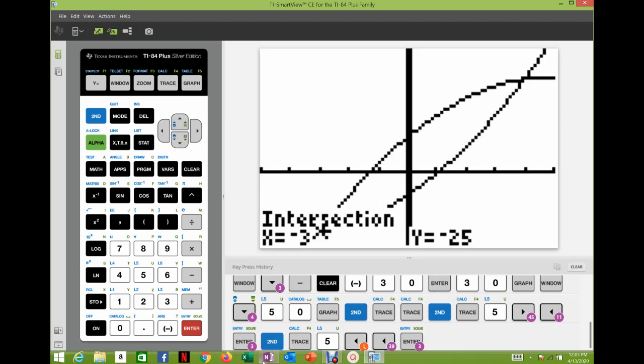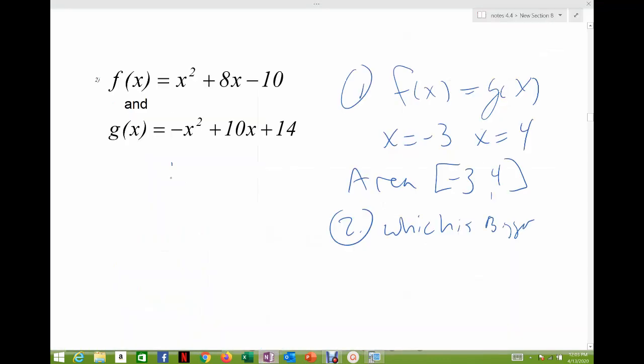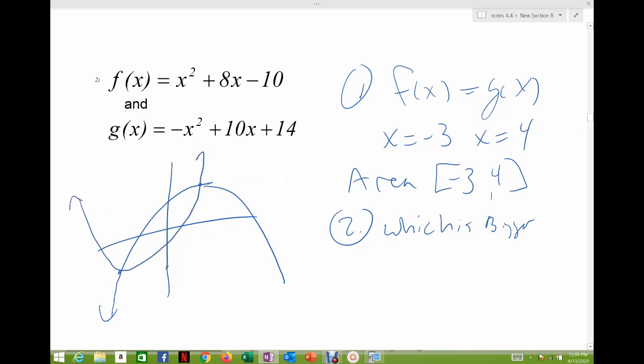If we draw and shade that on my piece of paper, they're intersecting at those points in a parabola shape. That was the area we want to find between 4 and negative 3.